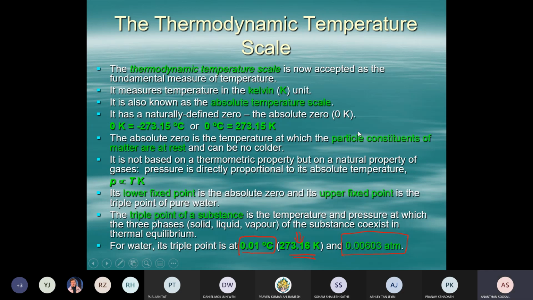The lower fixed point is absolute zero, and the upper fixed point is the triple point of water. They'll also ask, what is meant by the triple point of water? It is the temperature where water coexists in three phases, solid, liquid, and vapor, together in thermal equilibrium.